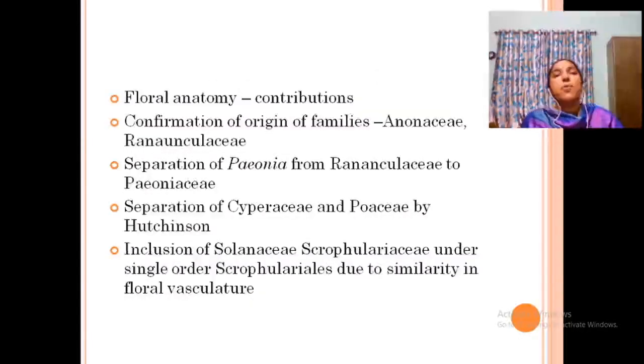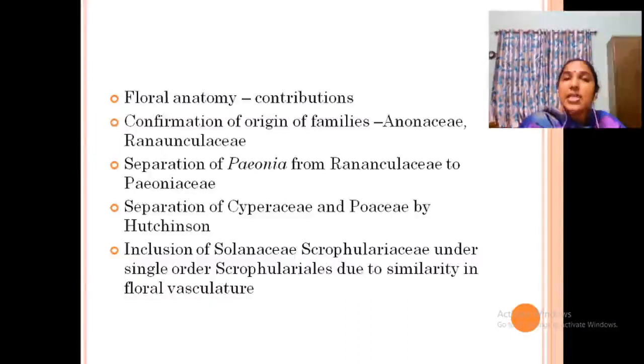Then another important branch is floral anatomy. The origin of families, mainly Annonaceae and Ranunculaceae, and their confirmation is mainly done by floral anatomy. Paeonia is a genus that was first kept in Ranunculaceae, then moved to a special family Paeoniaceae, mainly because of floral anatomy. Then Cyperaceae and Poaceae were separated by Hutchinson using this criterion.